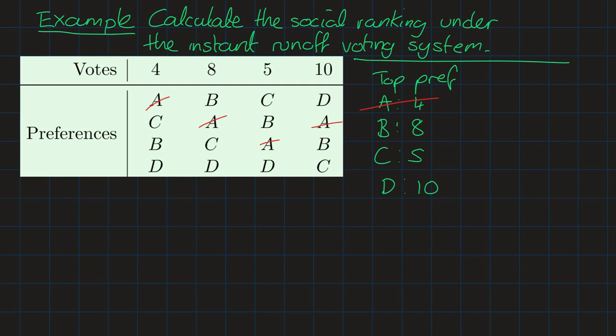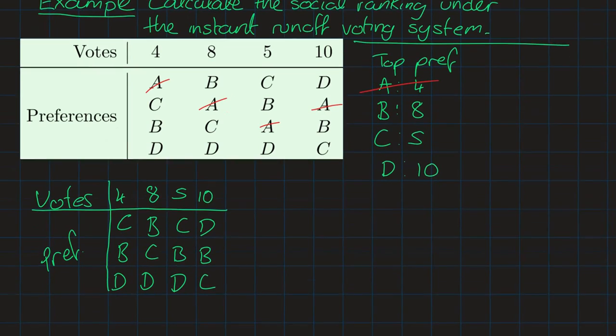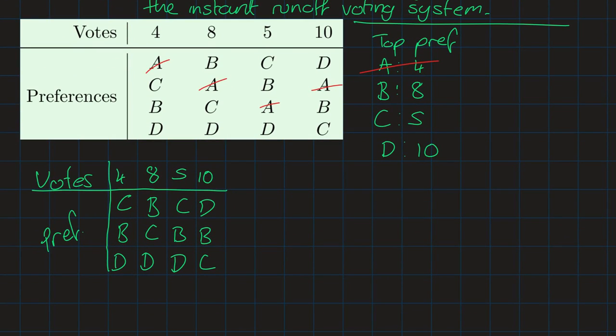Now it's worth redrawing this. If I eliminate A, what does my table now look like? It looks like this: 4, 8, 5, 10. Now I recalculate the number of top preference votes.